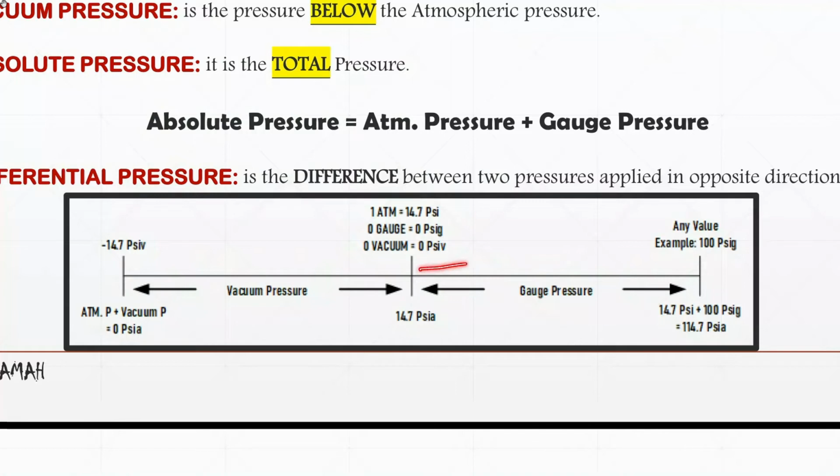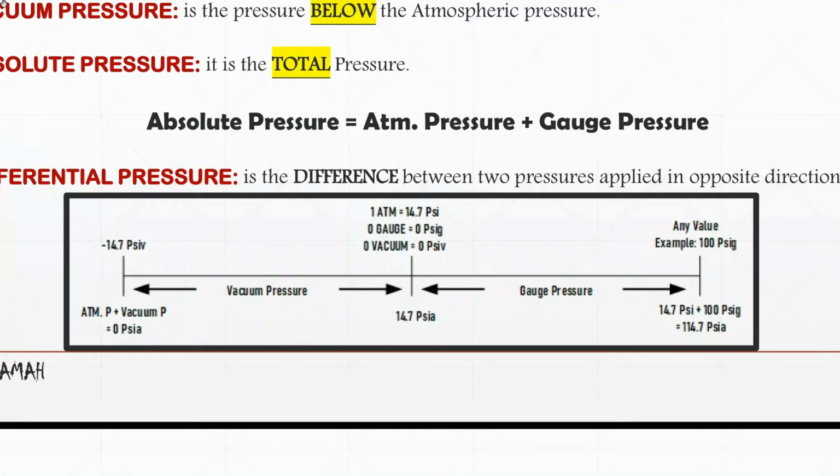Now what about the gauge pressure? Suppose that you increase by any value, for example here we have 100 gauge pressure. I'm talking about gauge pressure only, okay, so 100 is this one only. Now if you want the total pressure, you will add the atmospheric, which is from this point to this point, plus the gauge pressure.